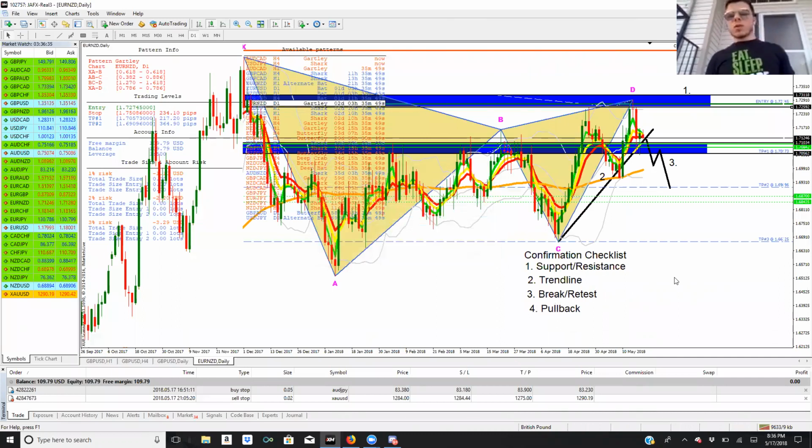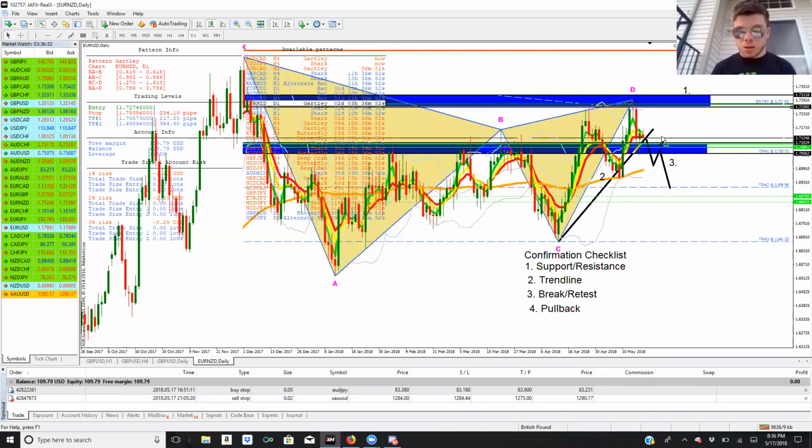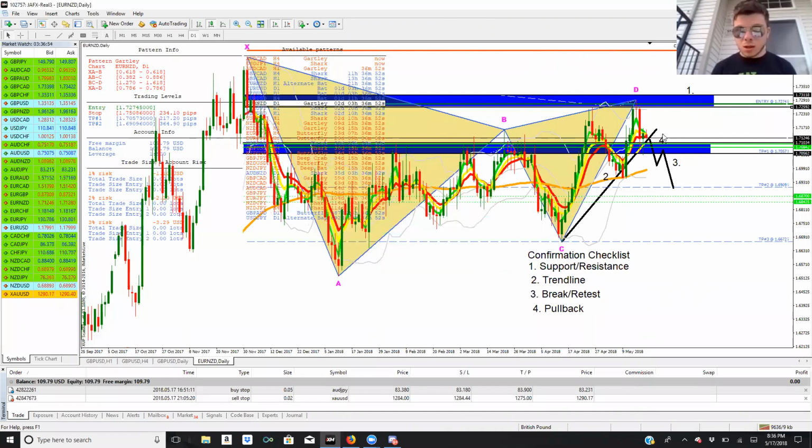Okay, so now we got that, and then we're just simply waiting for this to pull back up and give us our confirmation for number 4. Okay, so we want to see number 4 around this area right here, around the 3. And that's going to be our other confirmation.